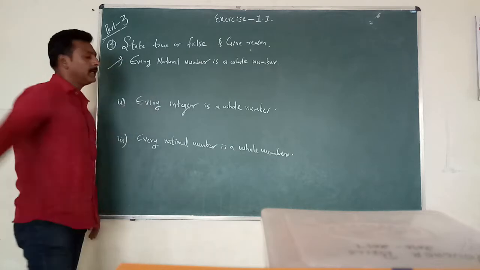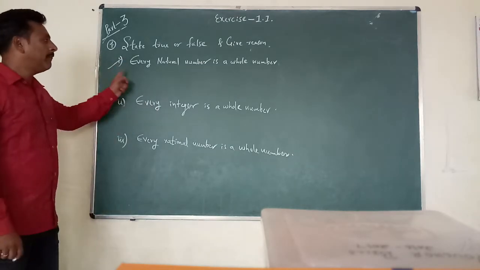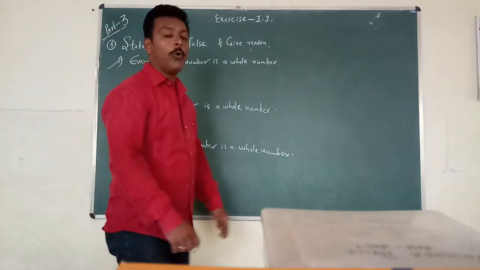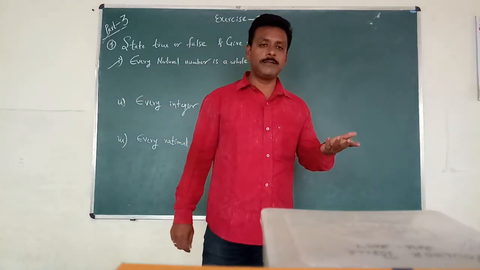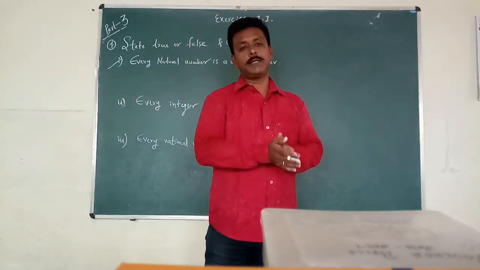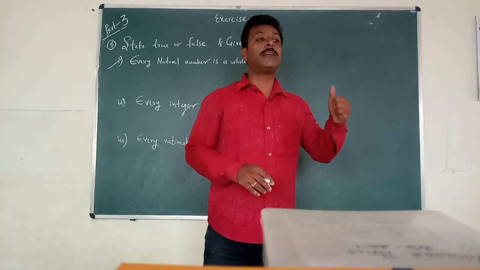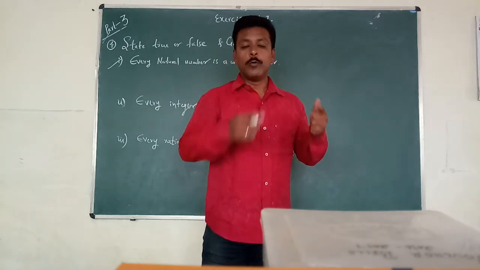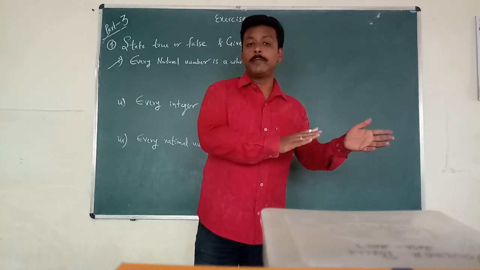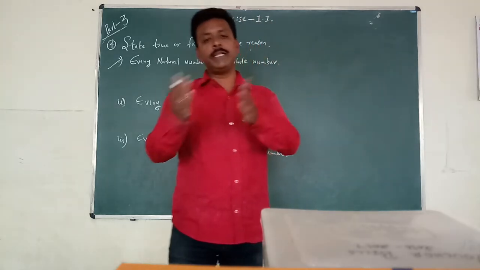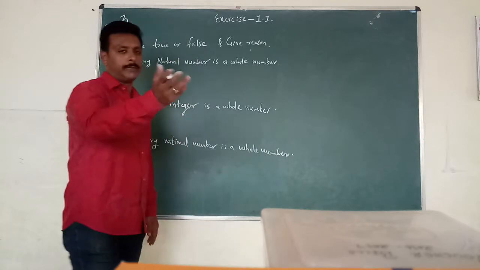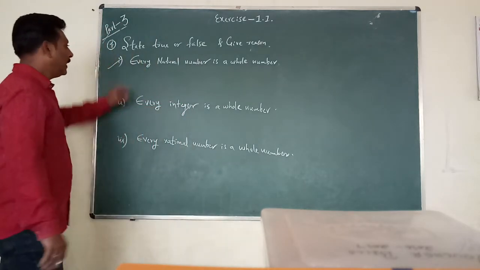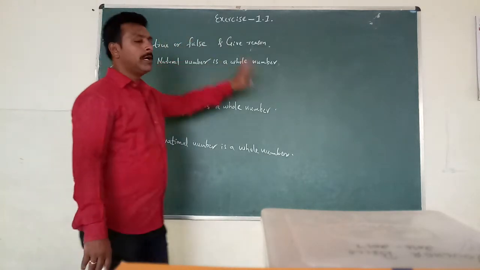So first statement, what they are asking, every natural number is a whole number. Already we discussed, among all the number sets, the smallest set is natural number. उसके बाद क्या आएगा, whole number आएगा। Whole number natural number से बड़ा है, whole number से integer बड़ा है, integer से rational number बड़ा है। Okay, similarly every natural number is a whole number.